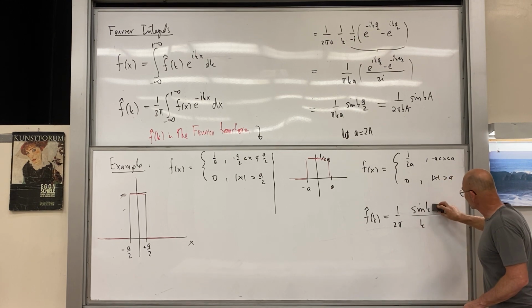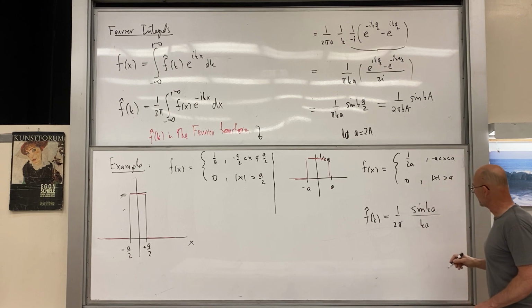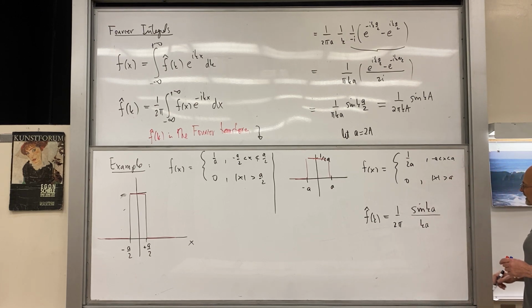I'll change the letter again. Okay. There's what we were finding. This is what we were looking for. And this is what we want to graph before we leave here today.